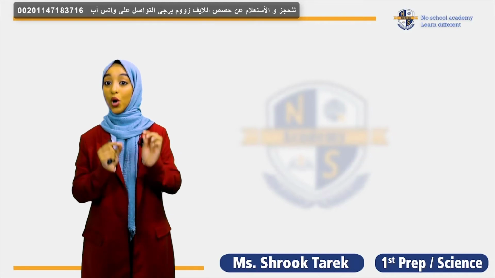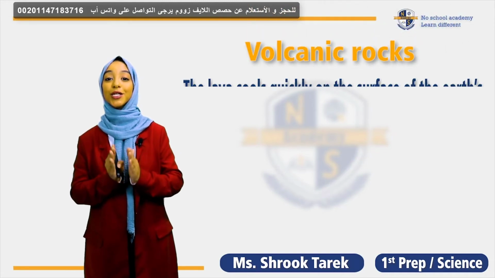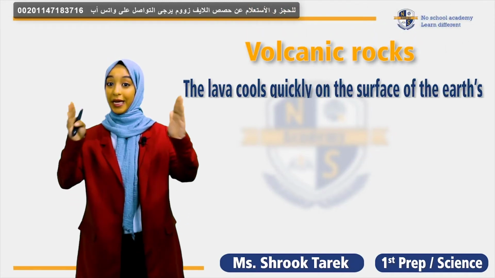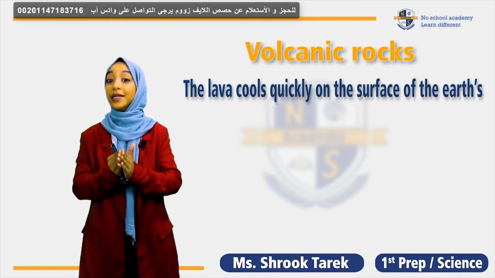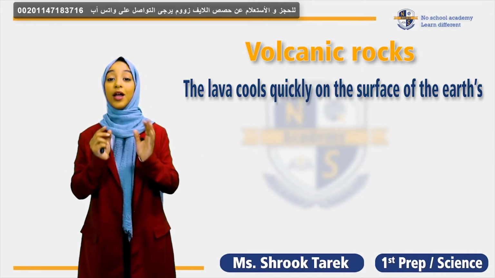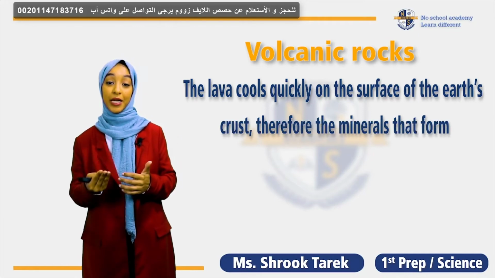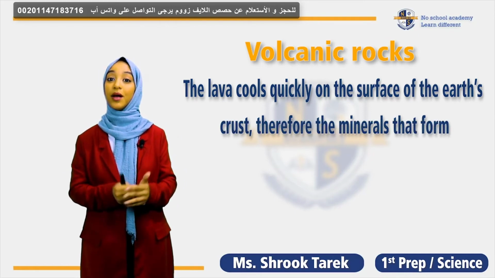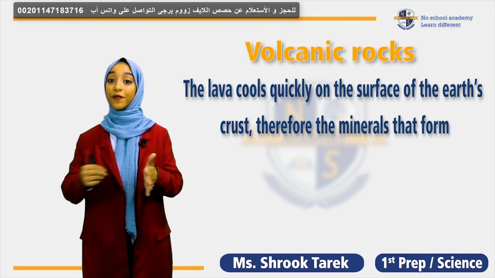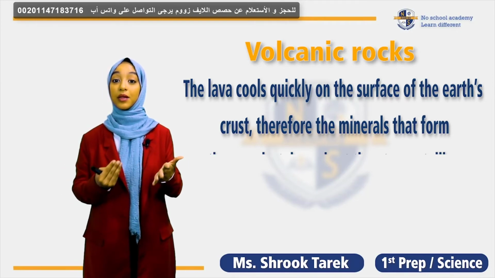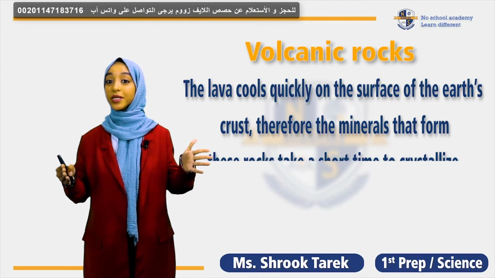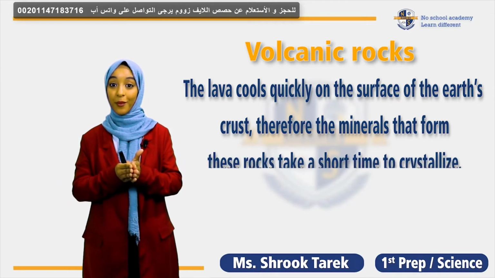برضو زي ما اسمها واضح جدا volcanic, so it is due to volcanic flow. يعني نتيجة إن انا عندي lava. This lava cools very quickly. طيب نتيجة cooling of the lava, volcanic rocks are formed. طيب هل تعتقدوا it takes a long time to crystallize or a short time?